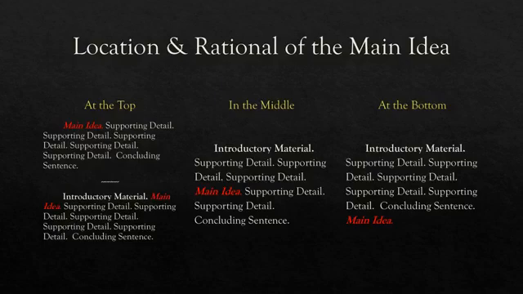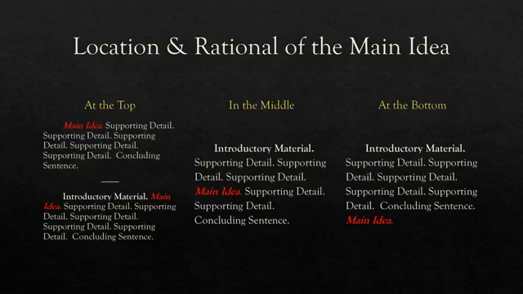I think when we're teaching writers to write, the best way is to have them introduce the main idea at the beginning, and then come back in the concluding sentence and reintroduce it with their concluding point. And so maybe one of the best ways of thinking about where the main idea is or should be is thinking about it at the top and the bottom.